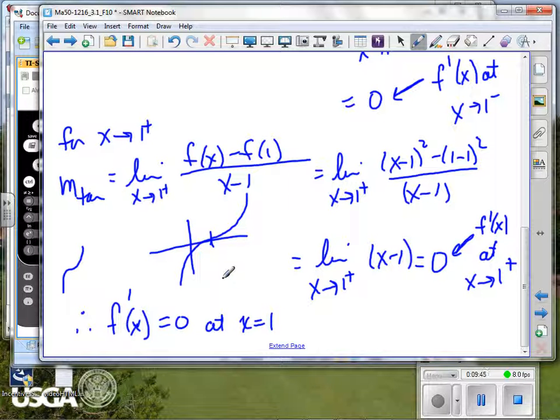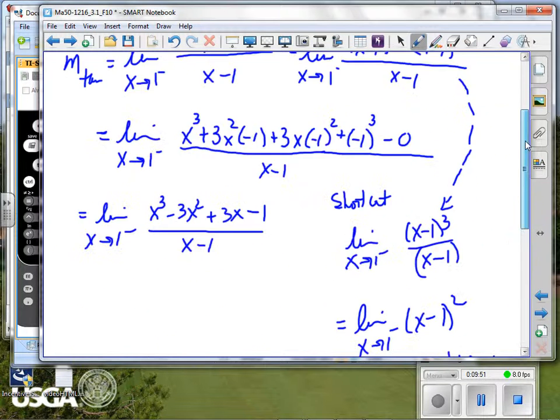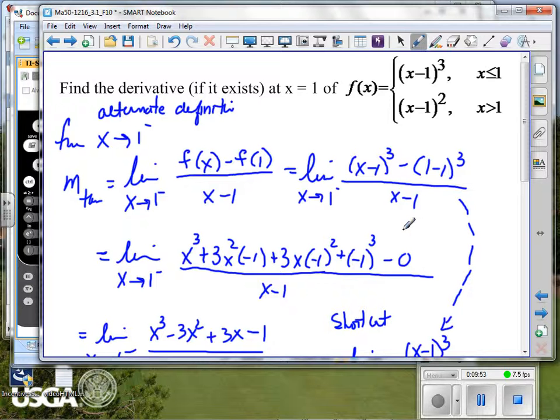So we could have just done this discussion, the derivative, and then answer the question, is it continuous? The fact that it has a derivative implies that it is continuous.